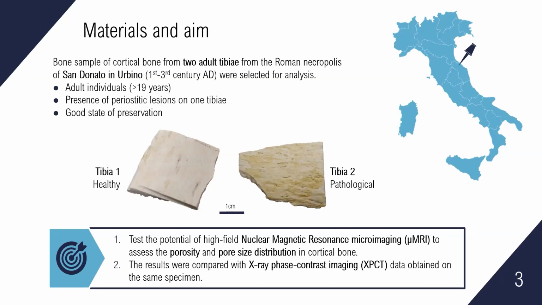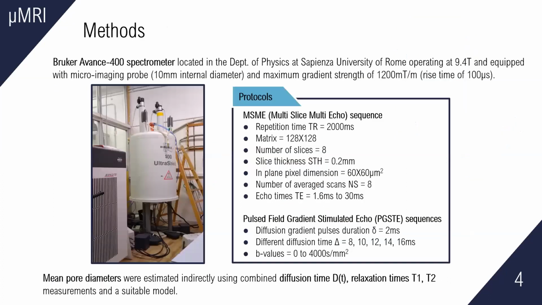The results were compared with X-ray computed microtomography data obtained with synchrotron radiation on the same specimens to verify the efficiency of the investigational protocol. A Bruker spectrometer operating at high magnetic field was used.